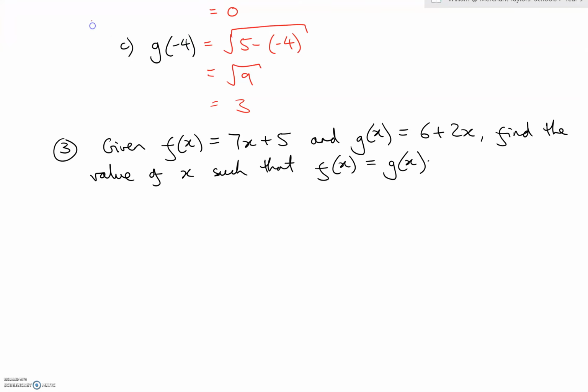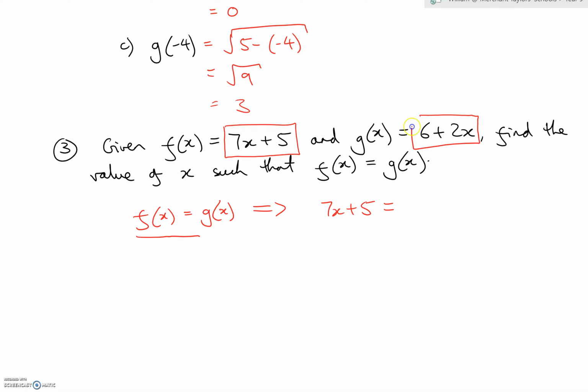So if f of x equals g of x, this implies that f of x, my 7x plus 5, is equal to g of x, which is my 6 plus 2x.